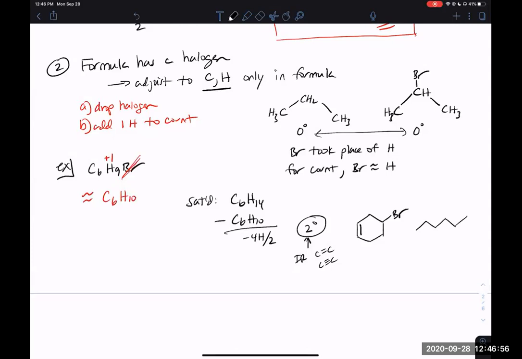Let's say it's a 6-membered ring, maybe with a triple bond at the end and a bromine somewhere out here. That'd fit too. The IR will tell you immediately which one's right and wrong, whether it's a ring and a double, a couple of doubles, or a triple. Okay, questions on halogens?